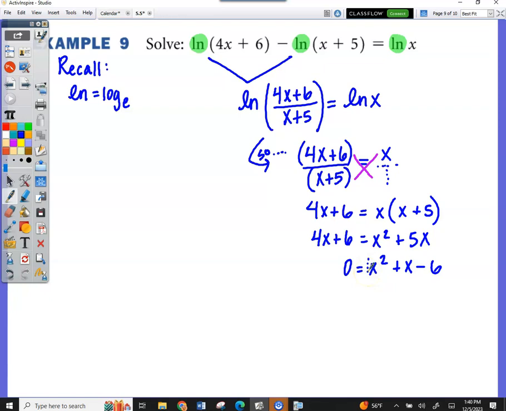Check A, don't forget about the A in case it was ever something other than 1. Factors of -6 that add up to +1. -3 and +2. The other way, yeah. +3, -2.